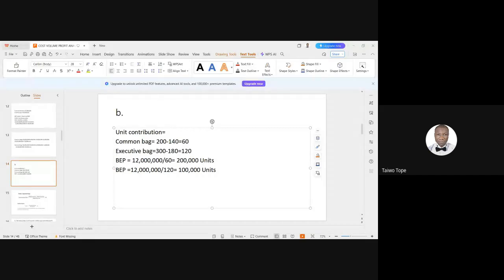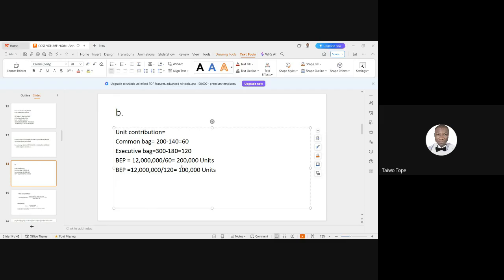You sold 200,000 units, but just 20,000 out of what you sold are executive bags. It means that the common bag is 180,000 units, while the balance is for executive bag, which is 20,000.